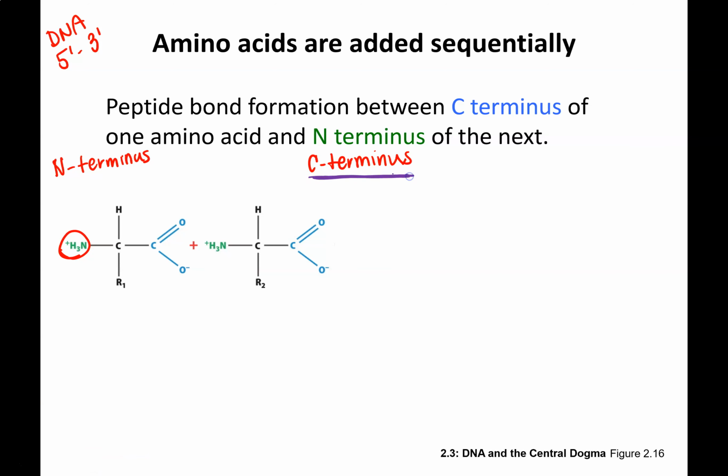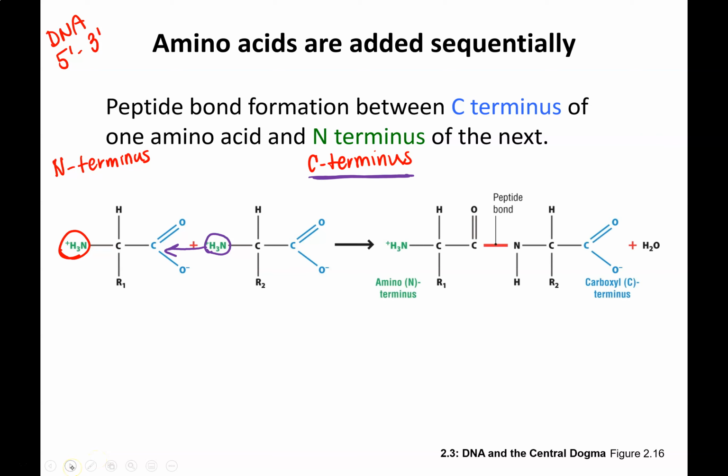We always add to the C-terminus end. So the amine group comes in, is bound to the carboxyl group, and when we do this, we create a peptide bond. So now we have a bond here between our 2 amino acids, and we can continue making a chain just like we make a DNA chain.